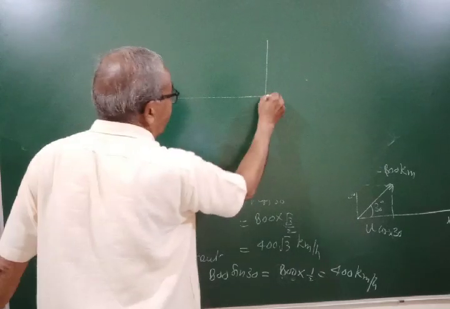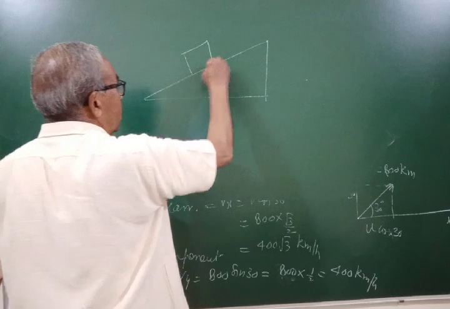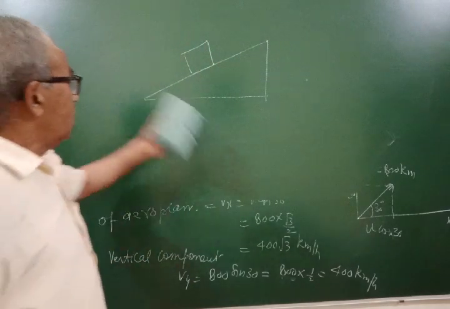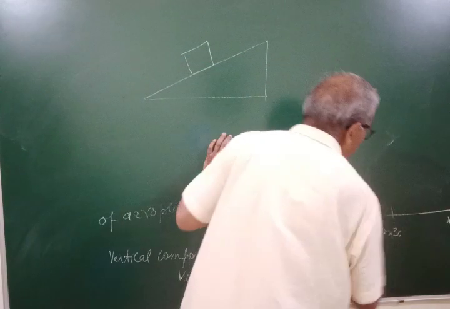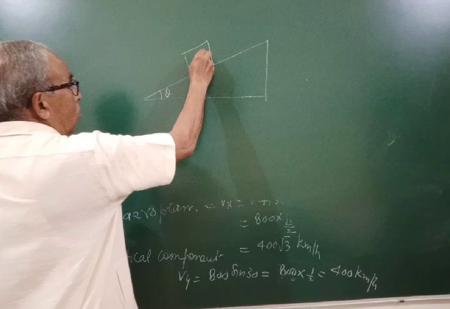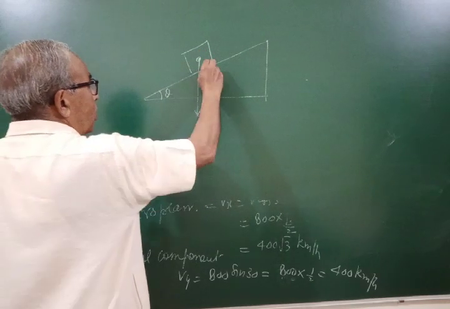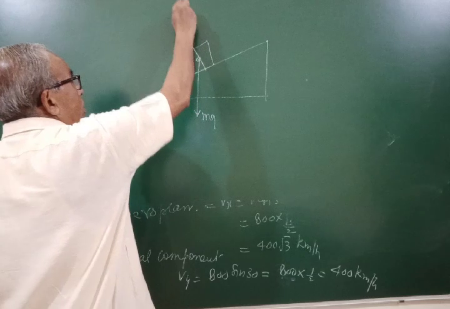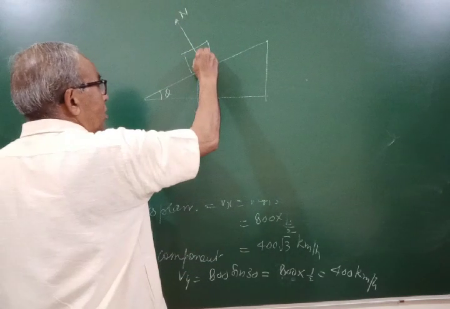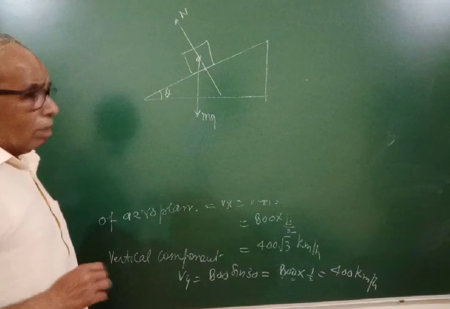Suppose it is an inclined plane and you want to pull this weight, and suppose the inclined plane is smooth, meaning no force of friction. This angle is theta, weight mg acts downward, and the normal reaction of the plane acts this way.